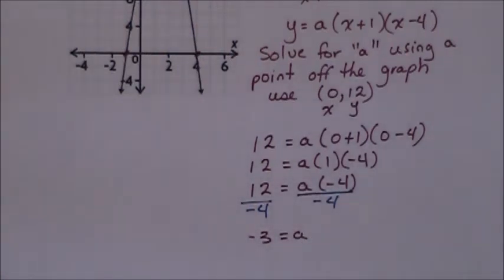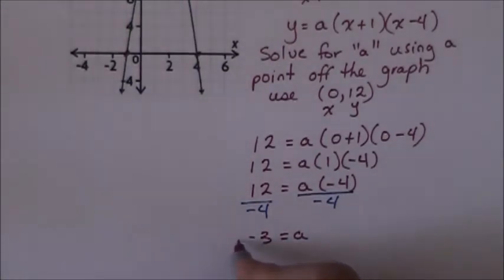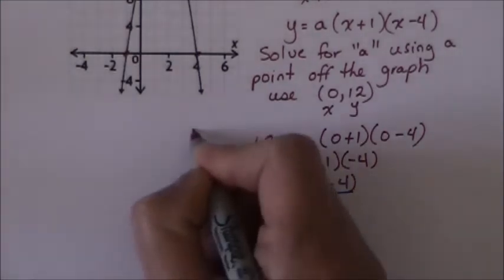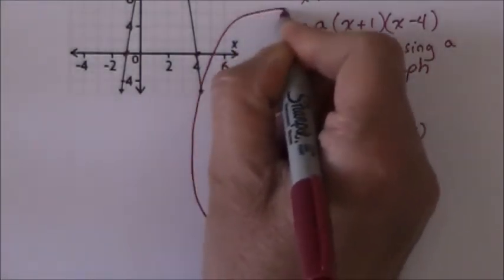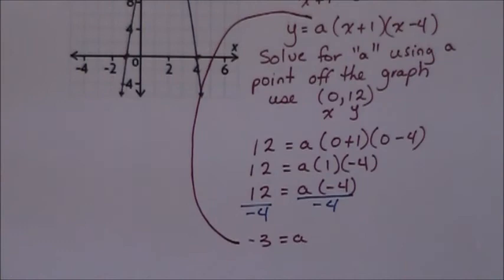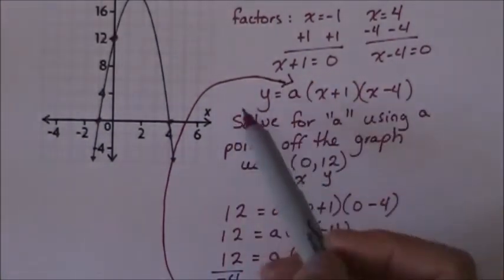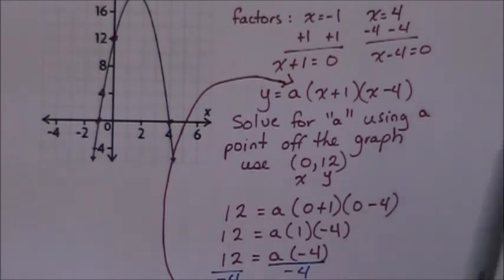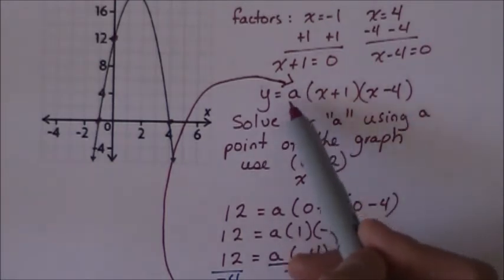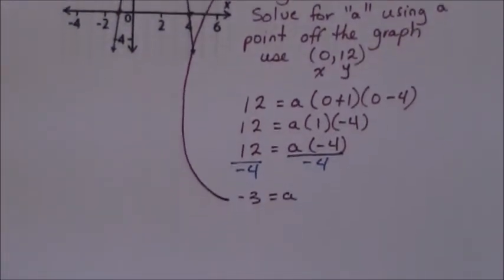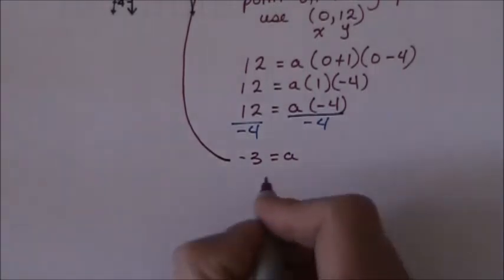Now we wanted the equation, so as I go to look for this equation, this -3 is going to go way up here and go in for that a. So we're going to take this equation, rewrite it, but instead of writing in this a, we're going to write in the -3 we just found.